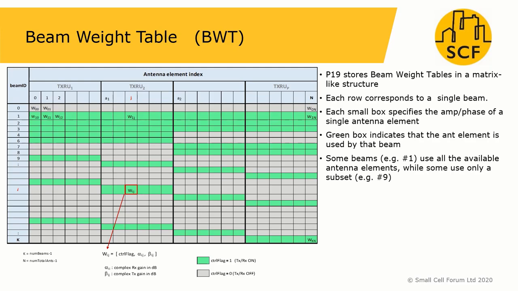For instance, beam 4 and beam 7 can be used simultaneously to serve 2 different UEs which may be located in different positions in space. In the case of beam number 1, however, no other beam can be enabled at the same time, as it is leveraging all of the antenna elements.